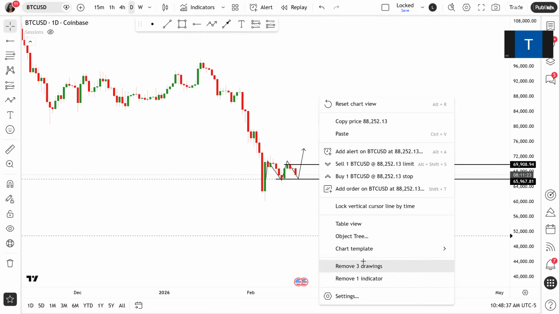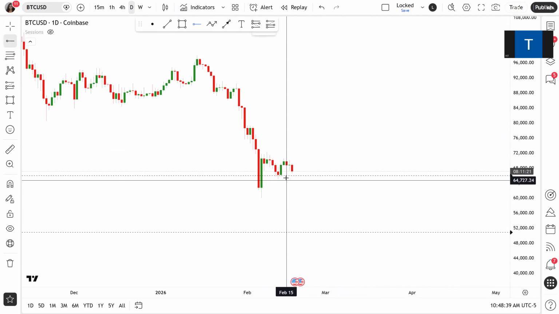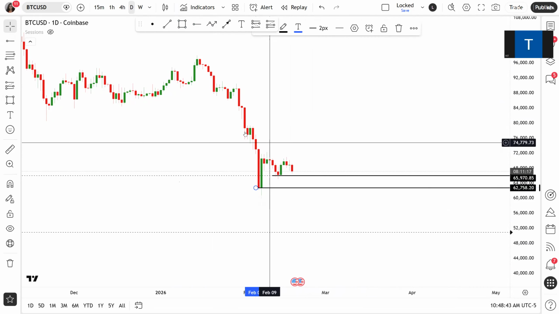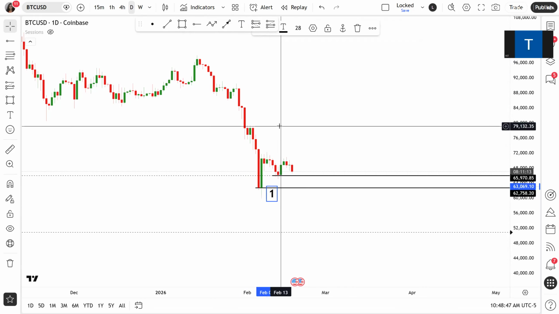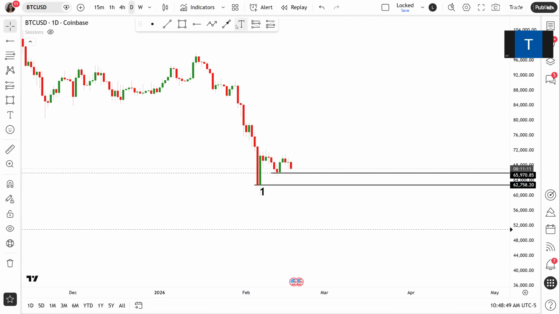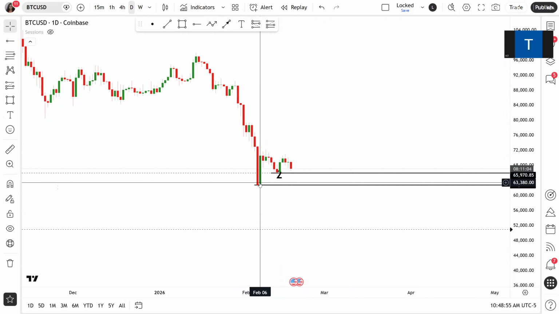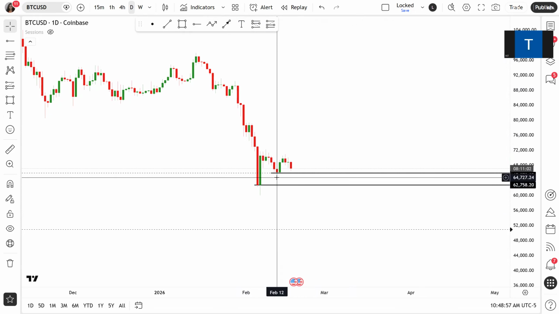So basically, let me re-explain. So if this is our higher low, it's higher than this previous low. So this was our first one. So this is number one. Oops, I didn't know it was going to be that big. This is number one. This is number two, right? Number two is bigger than number one. So then we focus on number two. So anything under number two would be bearish.